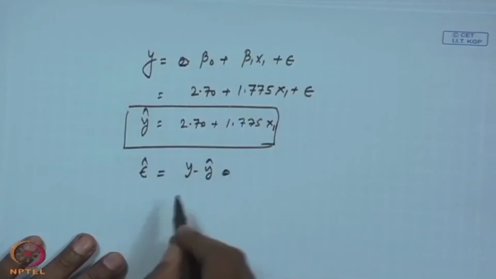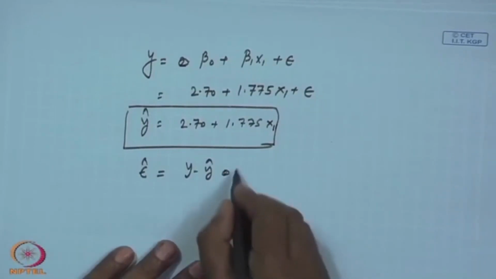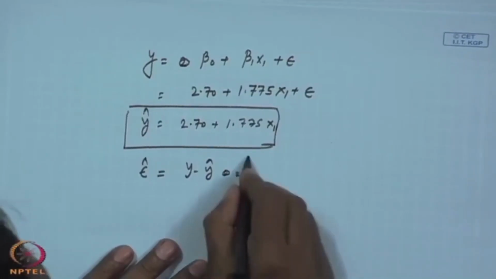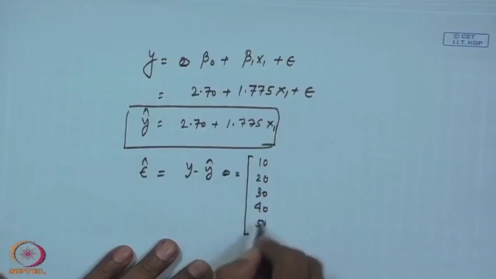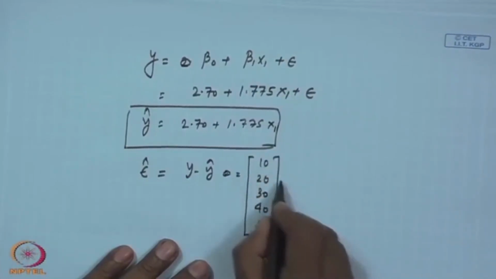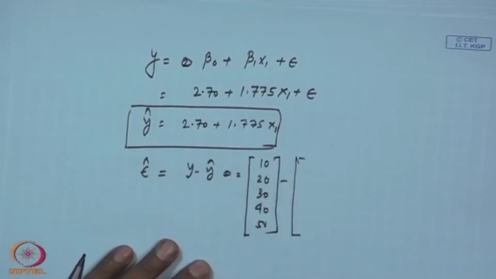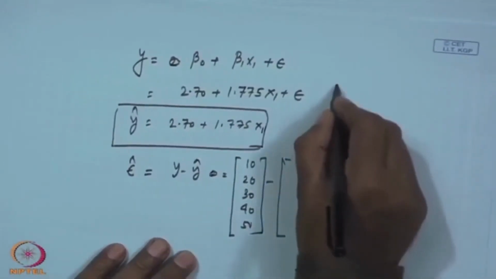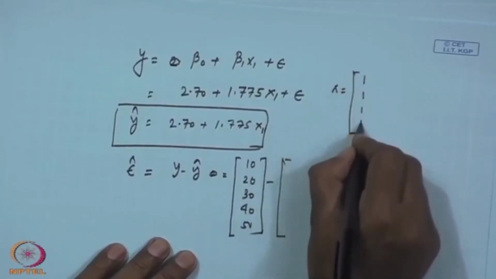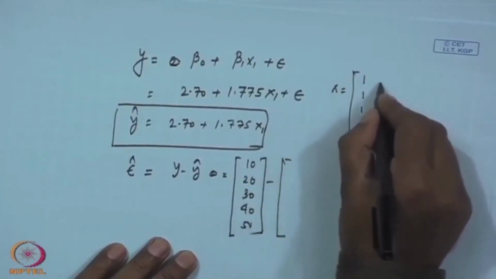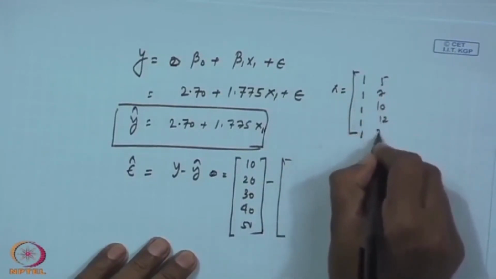So now this one, you have y values, like 10 20 30 40 50, and you require to find out y cap. How do you find out? You have x values also. X values are 1 1 1 1 1, then 5 7 10 12 20.